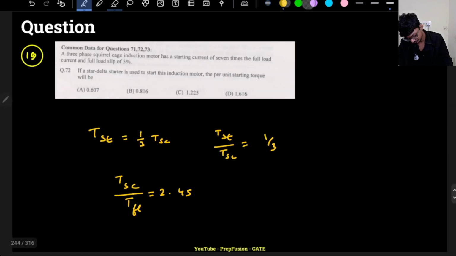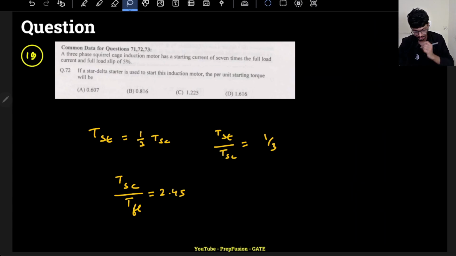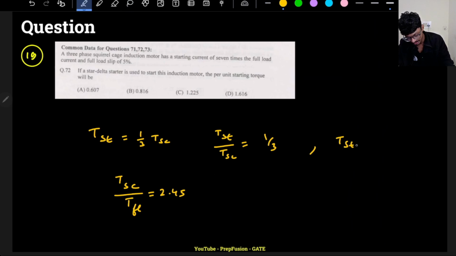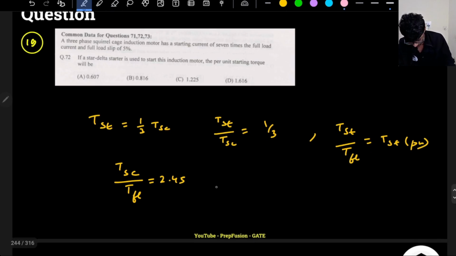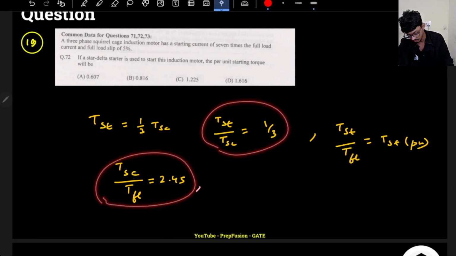They are asking me what is the per unit starting torque. How do I find out the per unit starting torque? It is TST by TFL, that will be the TST PU, right? Per unit we have already discussed in the first chapter itself. So if I multiply these two equations, TSC will cancel out. It will be TST upon TFL.